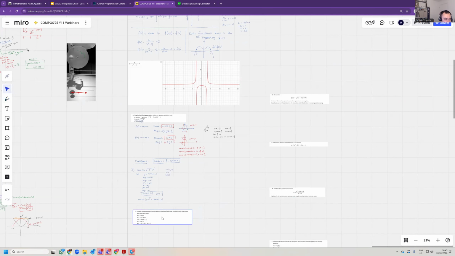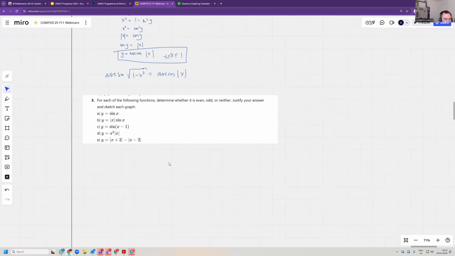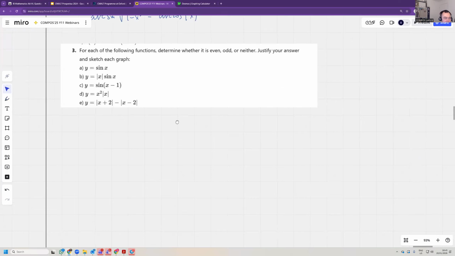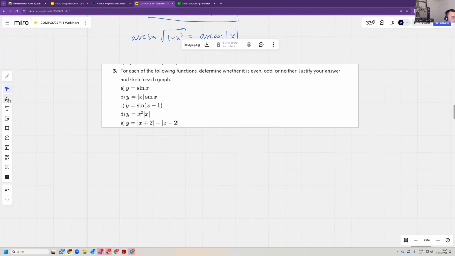Because this is a big, important one. For each of the following functions, determine whether it's even, odd, or neither. Justify your answer and sketch each graph.